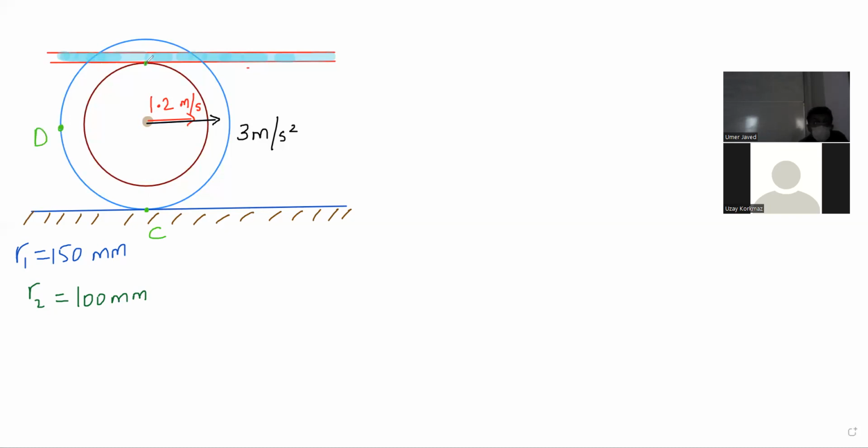Anyone know? B, right? This is my point A. There is a no slip condition.